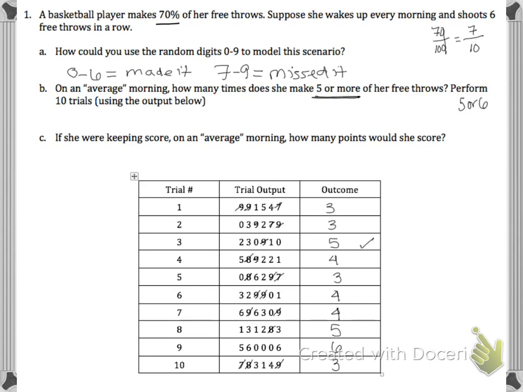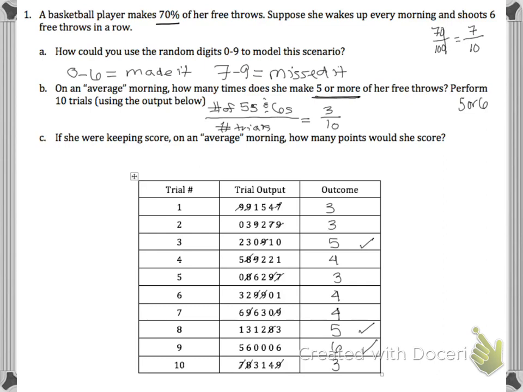That's 1, 2, 3. So this is going to be the number of fives and 6s over the number of trials, which for us is 3 out of 10.